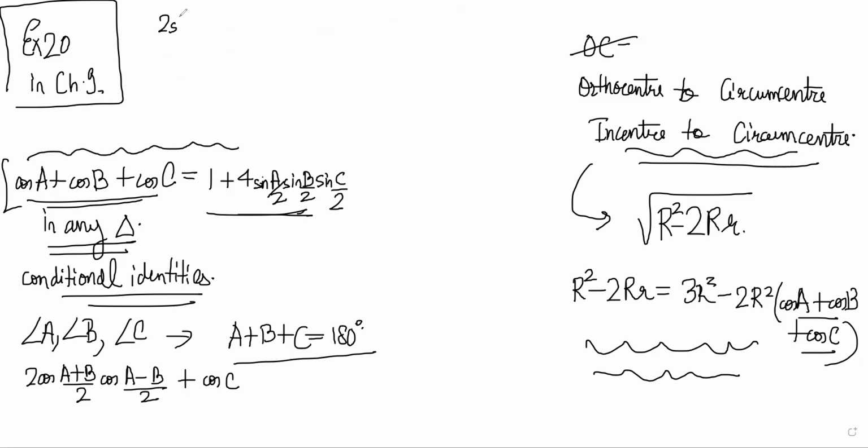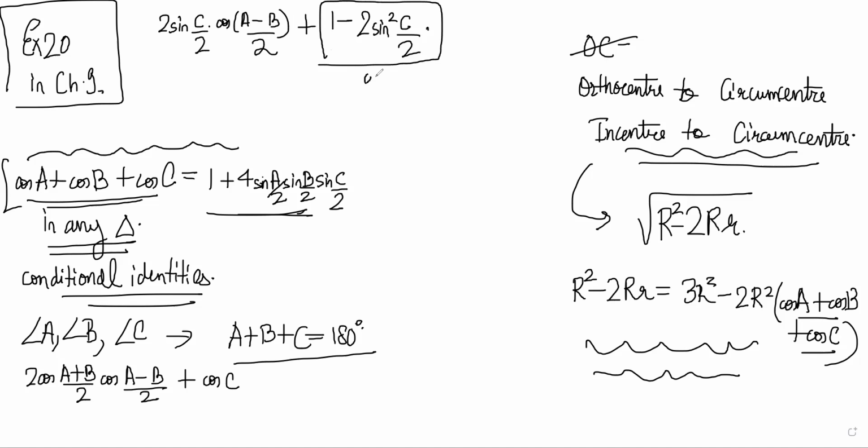Yes, sir. 2 sin C by 2 cos A minus B by 2 plus cos C. And cos C can be written using the double angle formula as 1 minus 2 sine square C by 2. Yes. This is the formula for cos C using the half angle formula.